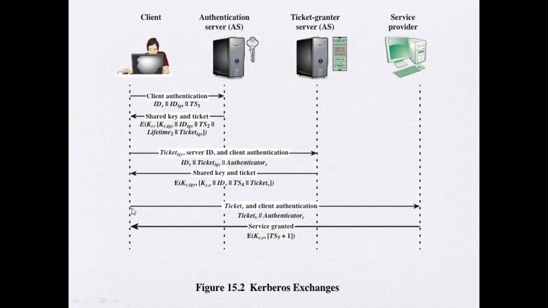After all these processes, once the authentication server and ticket granting server have given complete authentication to the client, with the help of the shared key, ticket and server ID, once again the client makes a request to the server. Then the server verifies all these factors, whether the particular person is an authenticated person or not.